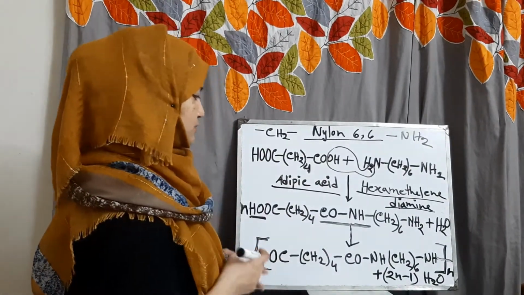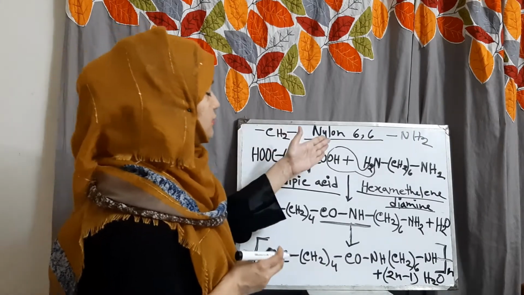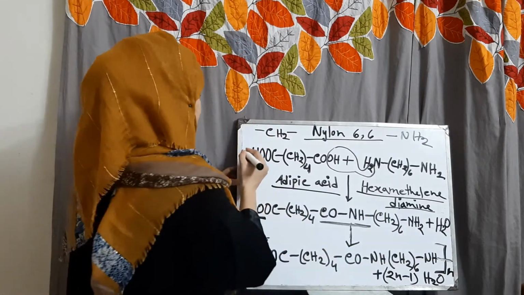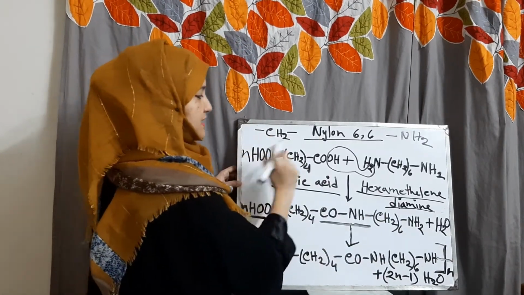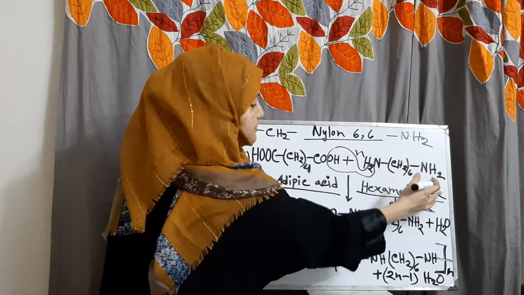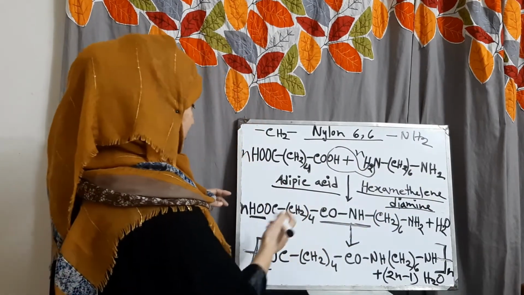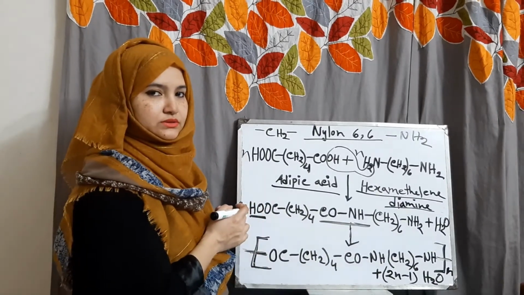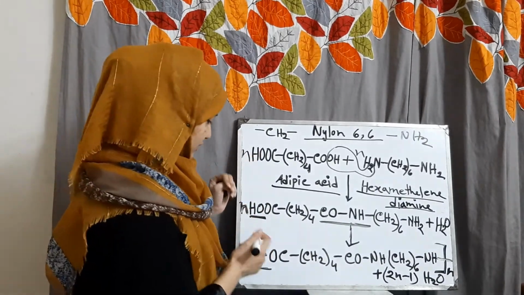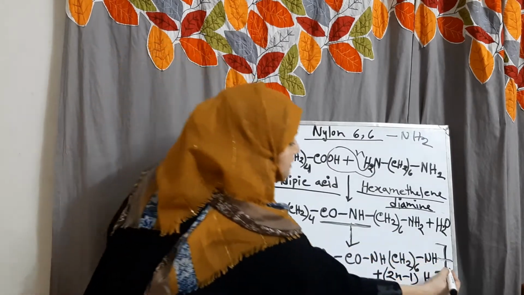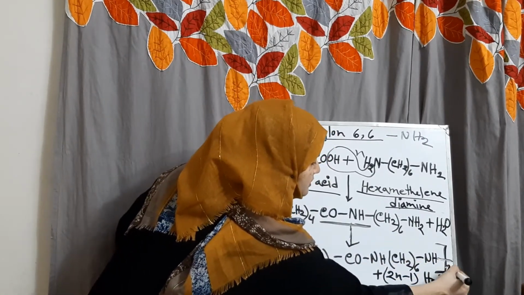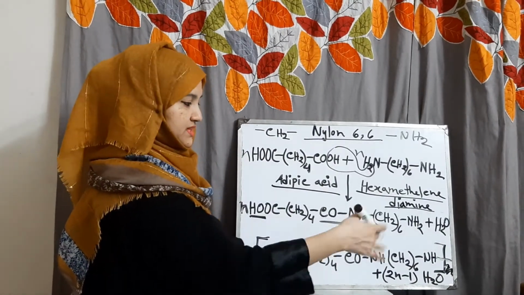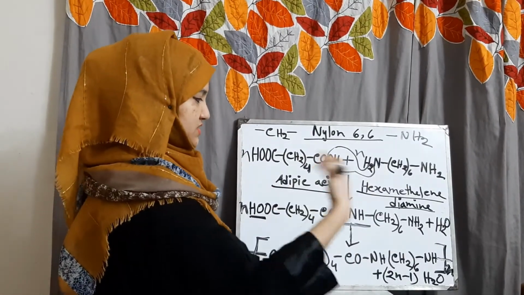Something else also. In the first step, one water molecule is removed. And if we take n number of adipic acid and n number of hexamethylene diamine, then we get n number of this amide molecule. And this monomer unit then forms actual nylon 6,6 by repeating several times on a large scale.